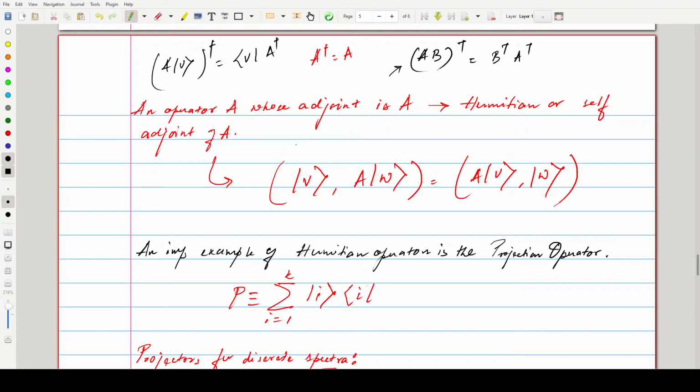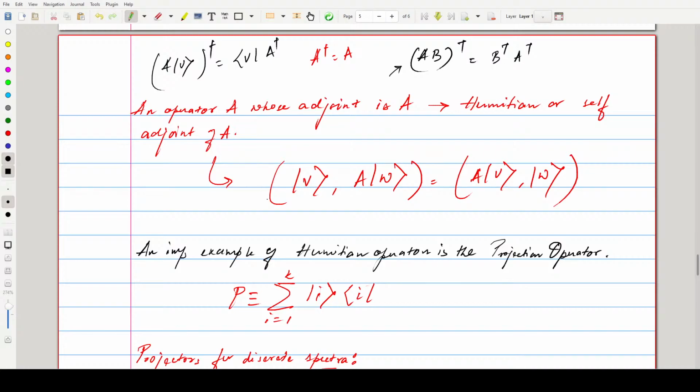So this is the antilinearity property of the adjoint. It's easy enough to prove, no worries about that, but you've got to keep this in mind. And if we do the Hermitian conjugate twice on the same operator, then we get back the same operator, right?